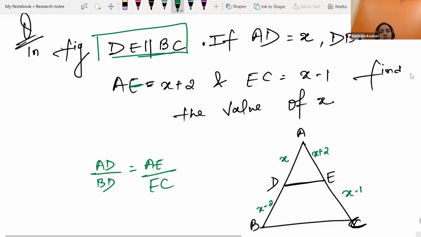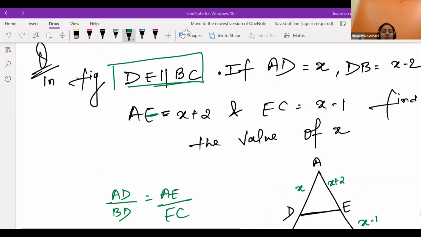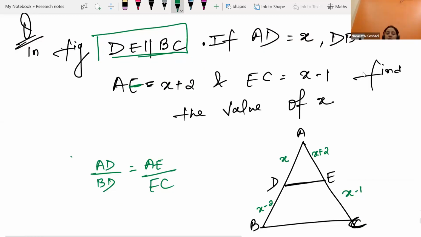Yes, Aisha has responded. Rest of the students, can we say that? Yes, Ayan, ma'am. Okay, Albina already responded. Ifra, Abdul, can we say that if DE is parallel to BC, then this ratio must be the same by basic proportionality theorem or by Thales theorem?